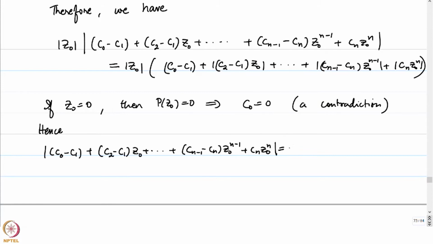This is equal to the absolute value of each of these terms separately. And so on. Let me not fill it up.